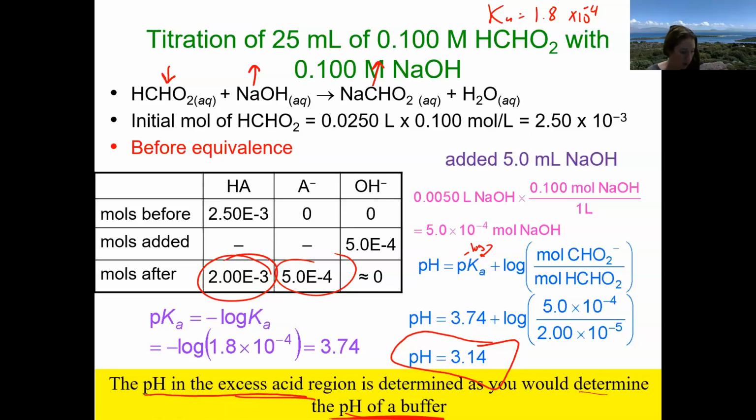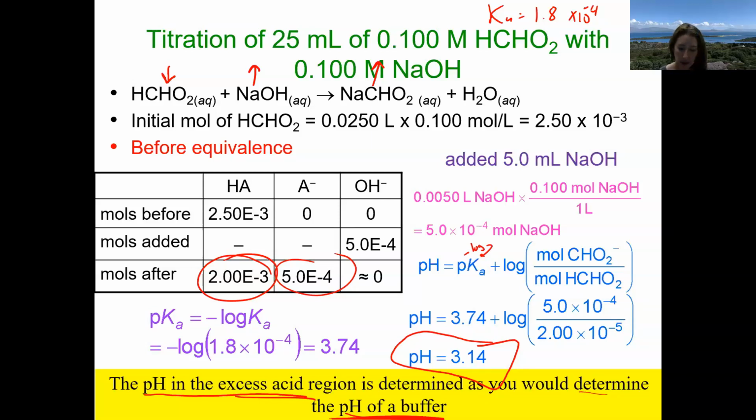I feel like there's something wrong with my math here. Somebody put this in your calculator, because I feel like there's something wrong. Log of 5e negative 4 divided by 2e negative 3. I feel like I'm going to need another parentheses.